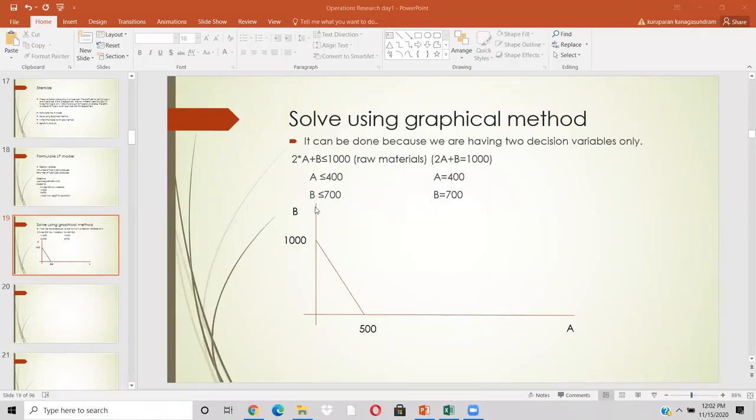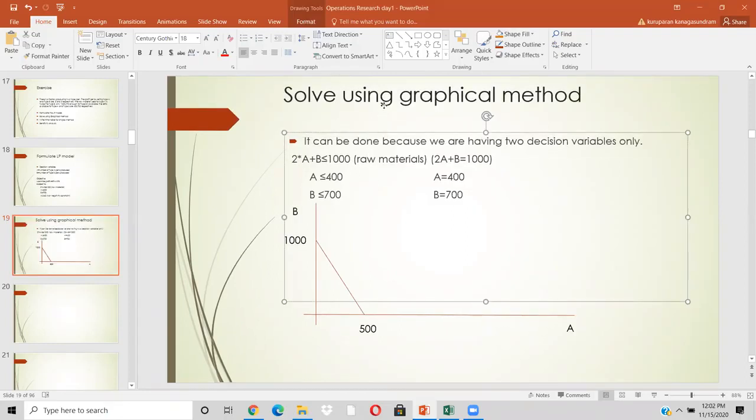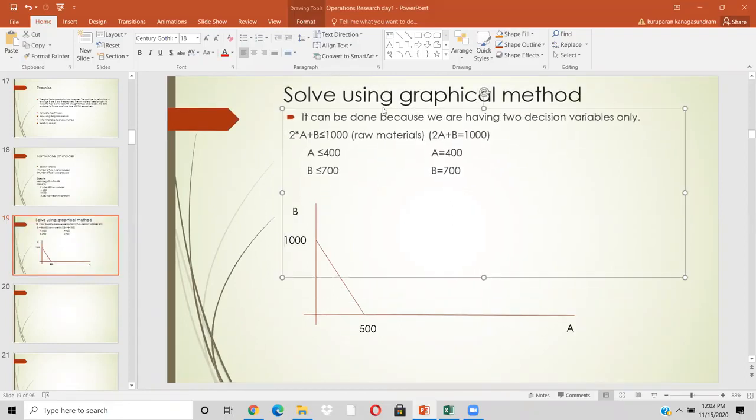This is the axis of b. Here, this will be 0, which means the value here is 0 for a and 0 for b.